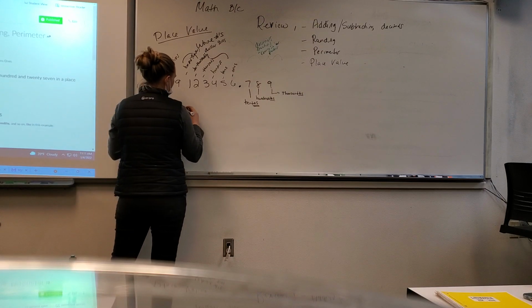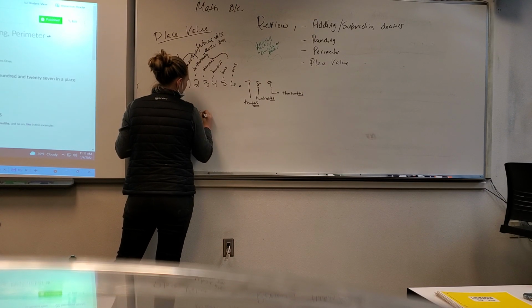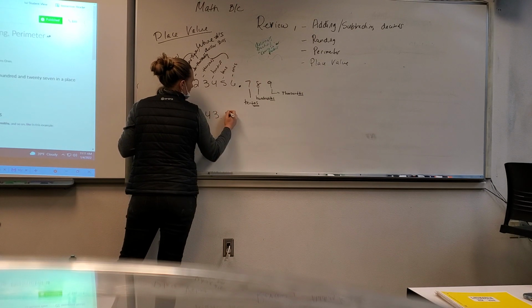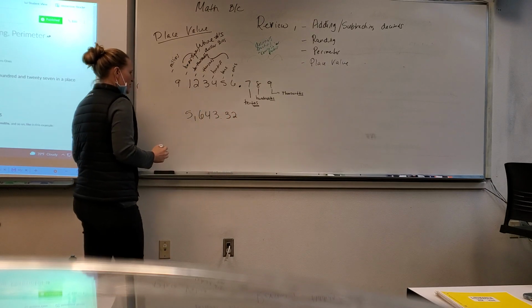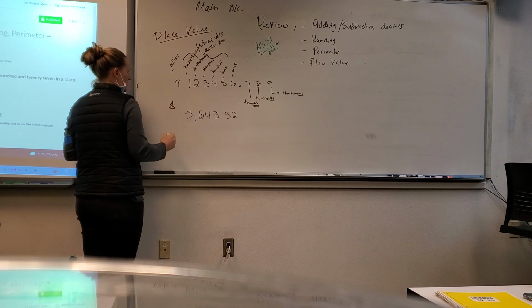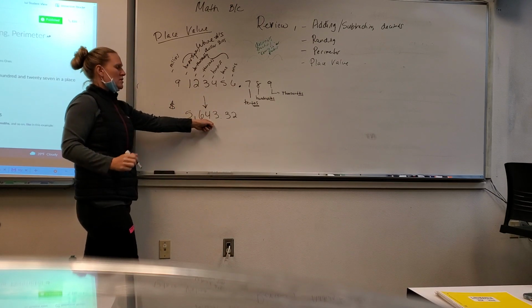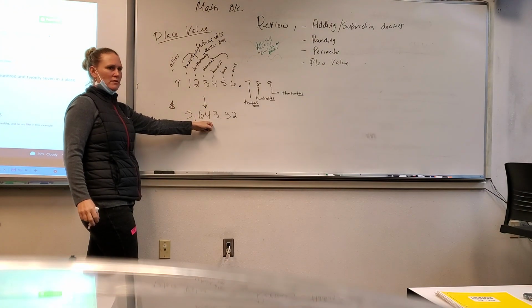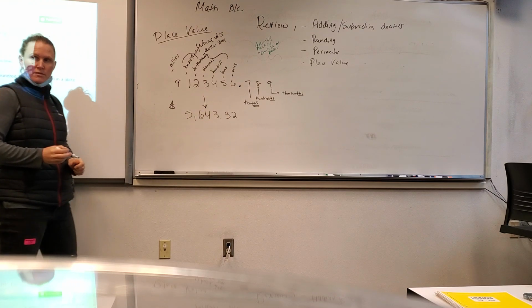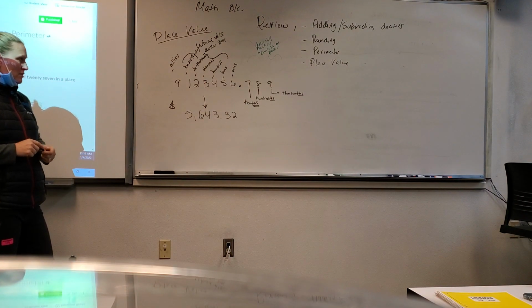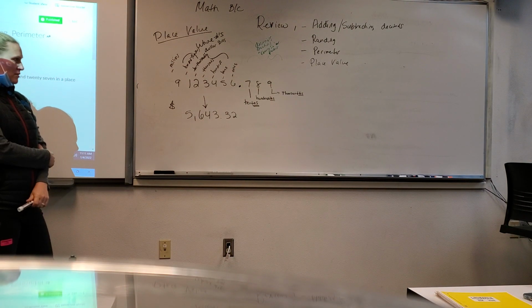So if I have the number 5,643 and 32 cents, let's just put it in dollar terms. What place value is the 4? Hundreds. Close.